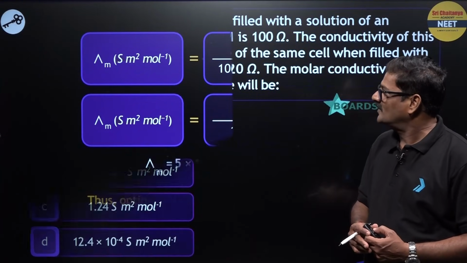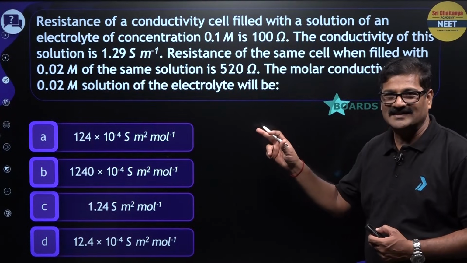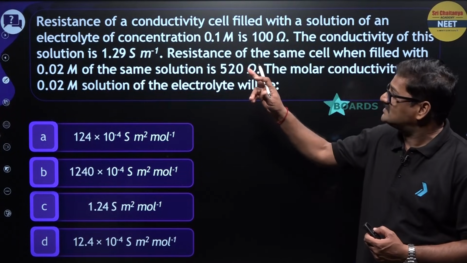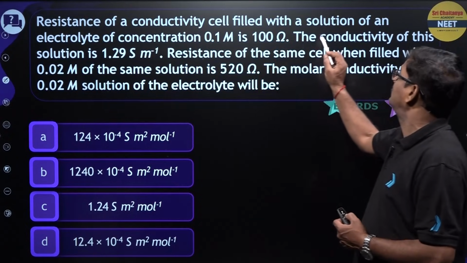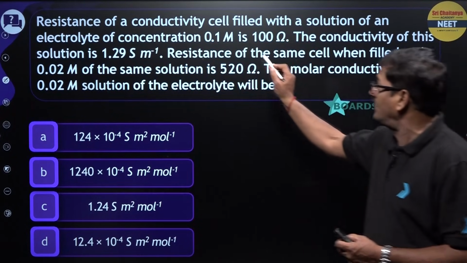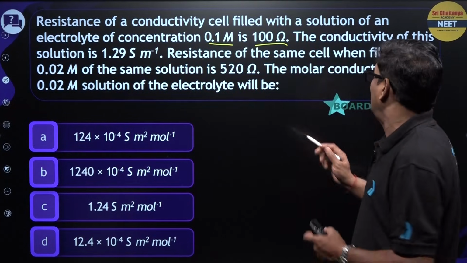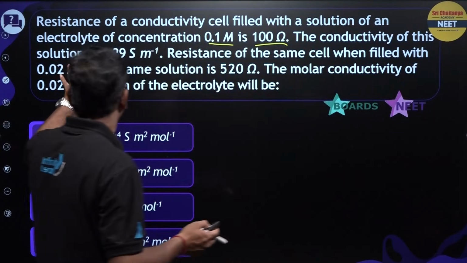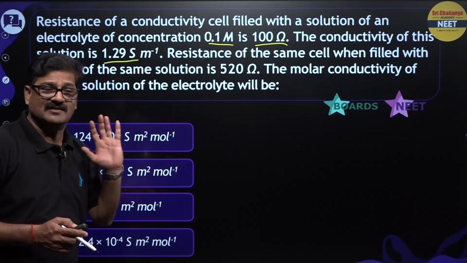And here is one more question, and you can do it. Read the question. The resistance of a conductivity cell filled with a solution of an electrolyte of concentration 0.1 molar is given as 100 ohm. The conductivity of this solution is 1.29 Siemens meter inverse.